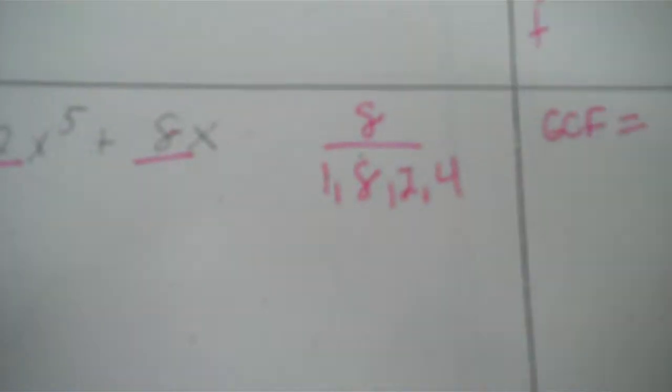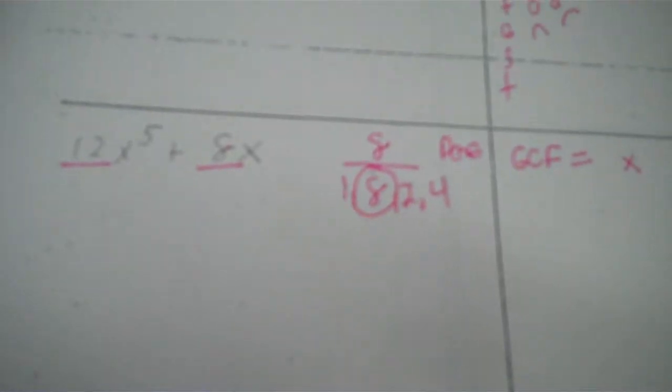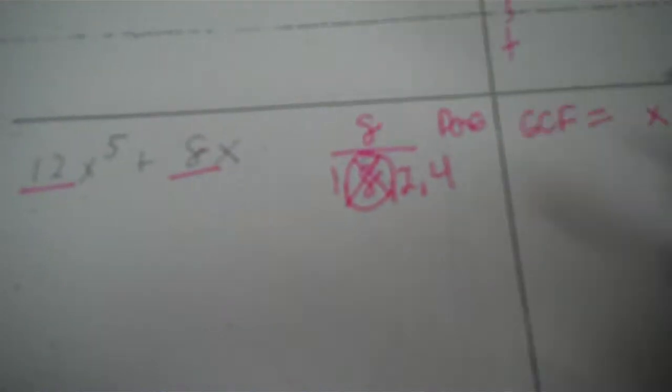After 3 comes 4, but I've already got 4 down, so I've completed my factor list. Now, okay, let's try 8. I take 12 divided by 8, but right away I know that won't work because I got a decimal, okay? So we can't do 8 because I divided and got a decimal.